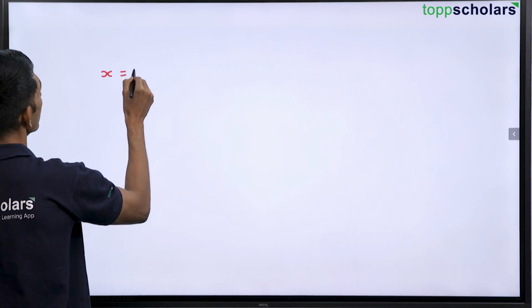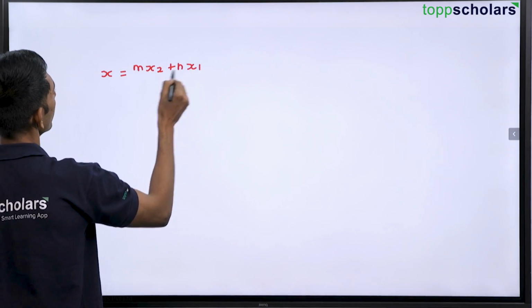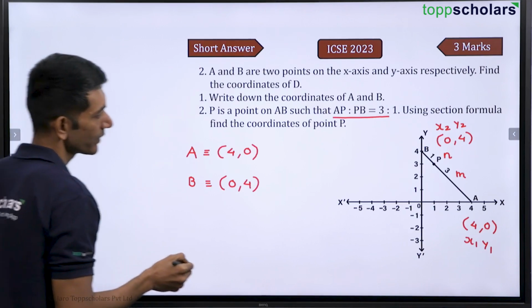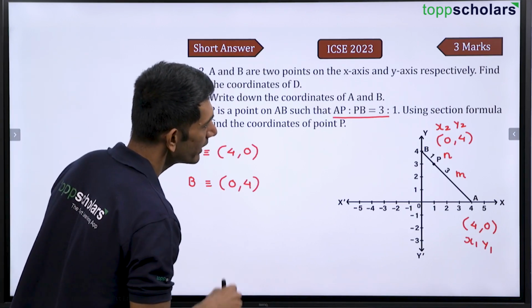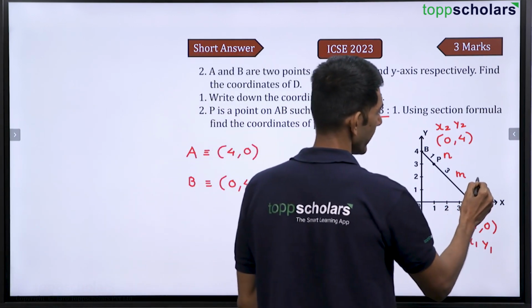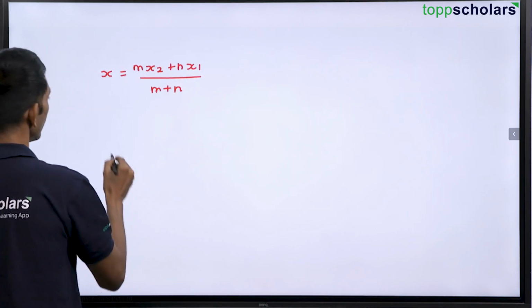X is equal to mx2 plus nx1 by m plus n. That's your x, right? So can I say x is equal to m into x2? M is 3, n is 1. M into x2, that is 3 into 0.